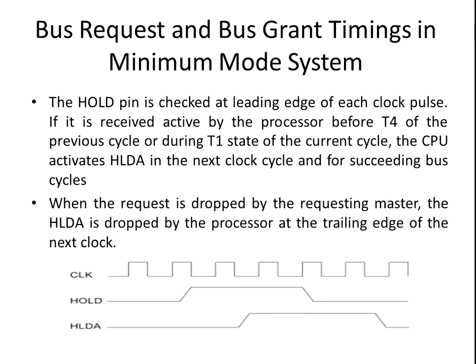So here we can see that when HOLD goes high, then HLDA also goes high in the next clock cycle, and it will wait for HOLD to go low. When HOLD goes low, it will wait for the next clock cycle, and after that, HLDA also goes low.